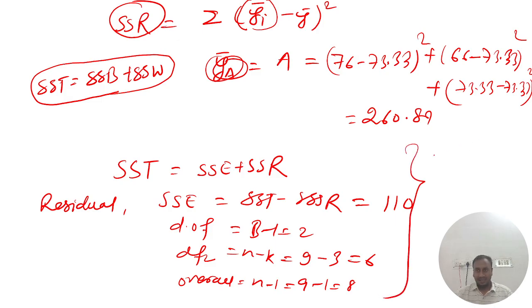So F will become MSR by MSE. How will you get the MSR?